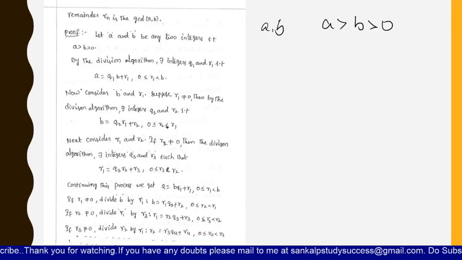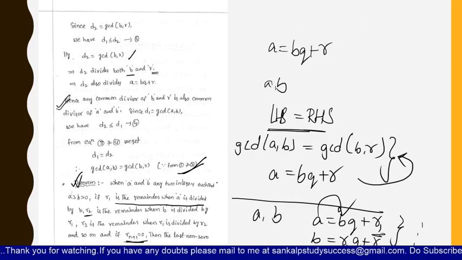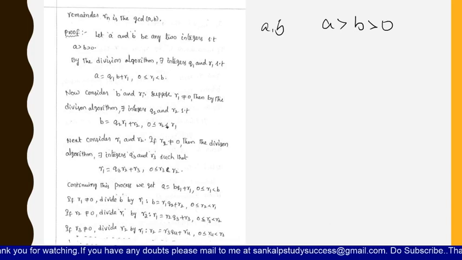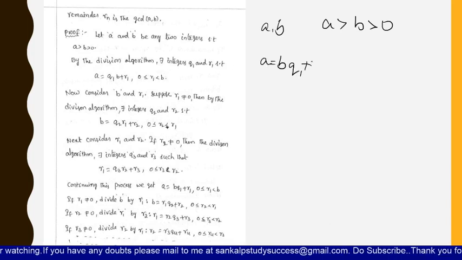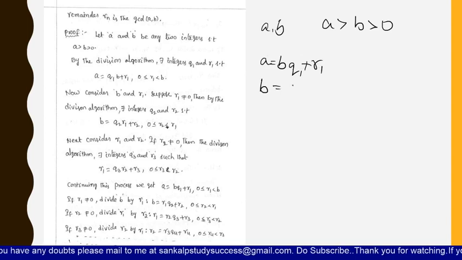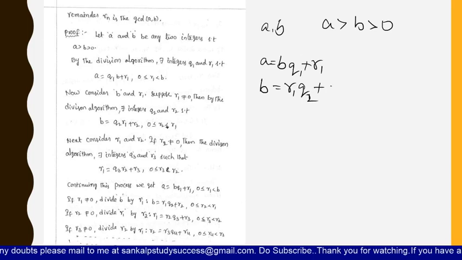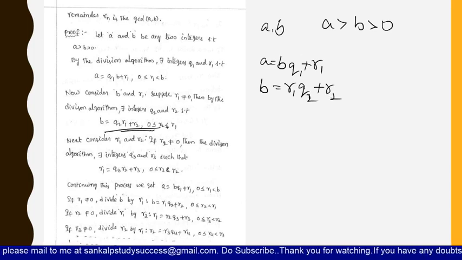Now, by using these statements, we have written that a is equal to bq1 plus r1, where a is divided by b, then we are getting the remainder as r1. Then again, b, when it is divided by r1, with quotient q2, we get the remainder as r2. In the same manner, when r1 is divided by r2, then you will get the remainder as r3, and the process moves on.